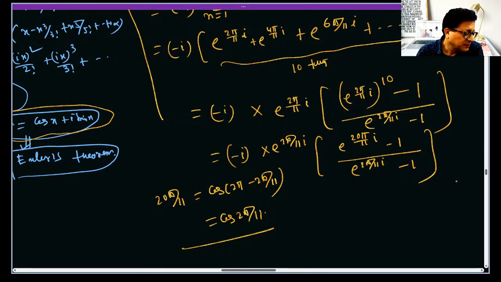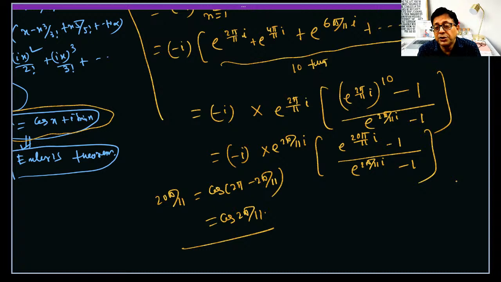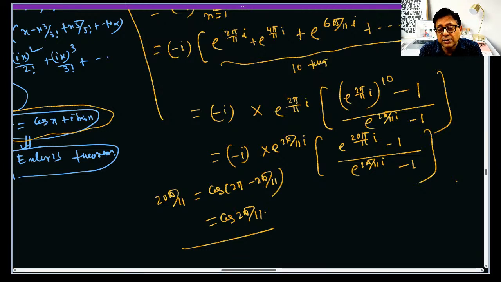Check once. These two will be the same expression, so they get cancelled.